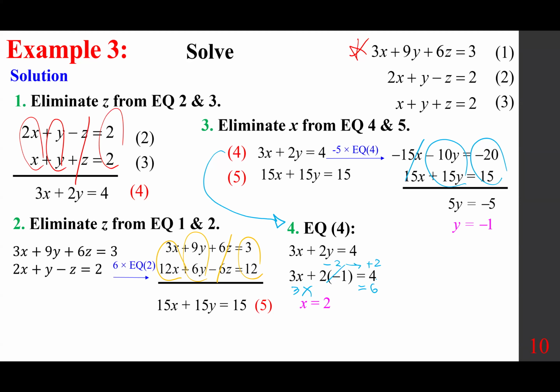We have 2 of the variables. We have x and y. To find the z variable, you go to one of the original equations. The easiest would be the third one.